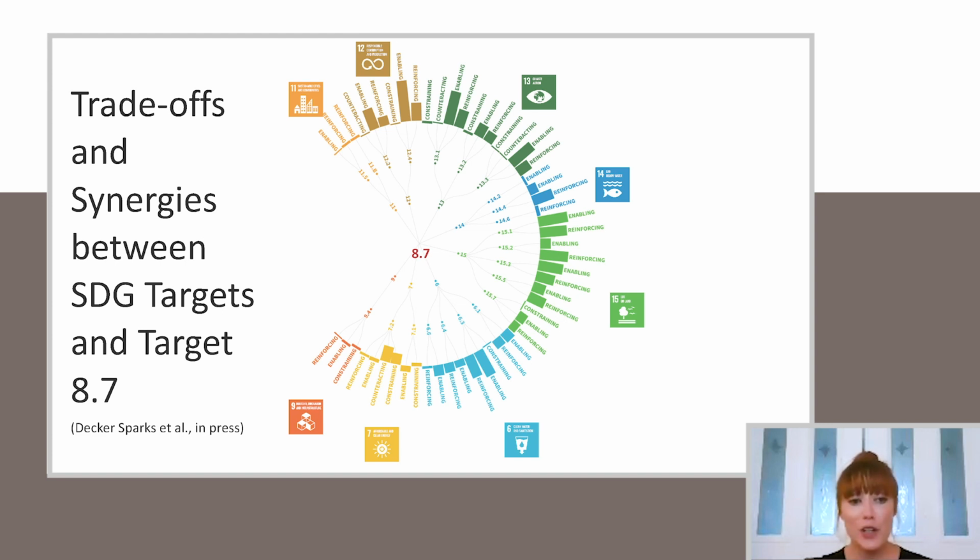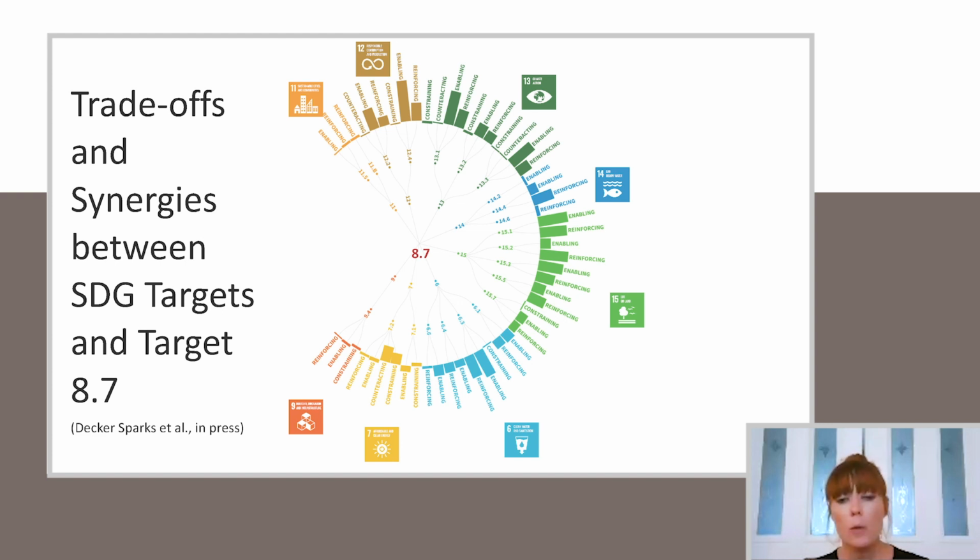Unfortunately, if you start to unpack the actual goals or targets and indicators under each goal, you will see that there are often a lot of trade-offs and synergies, meaning the achievement of some of these goals may actually be incompatible with the achievement of indicators and targets under other goals. The importance of trying to identify where we see these interactions through the SDGs is because ultimately we want to maximize those synergies and we want to mitigate the trade-offs that we see.